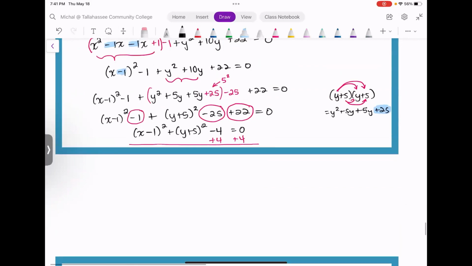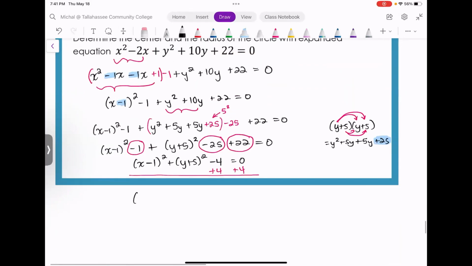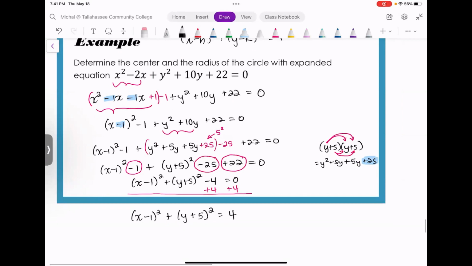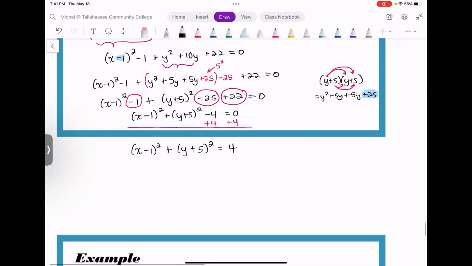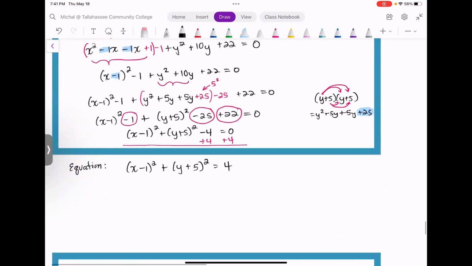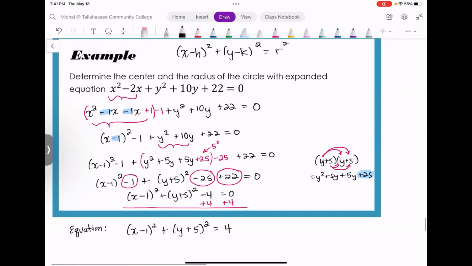So my completed equation is x minus 1 squared plus y plus 5 squared equals 4. And notice in this problem, I need to find the center and the radius of this circle. So this is my equation. Remember that h comma k is my center.